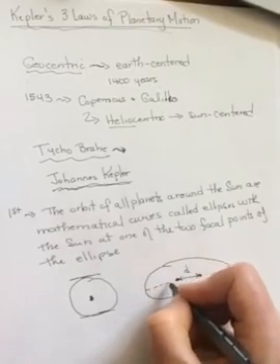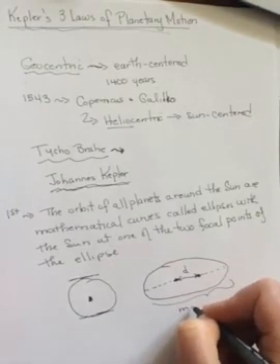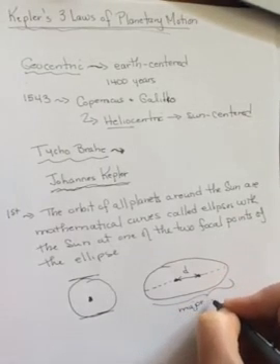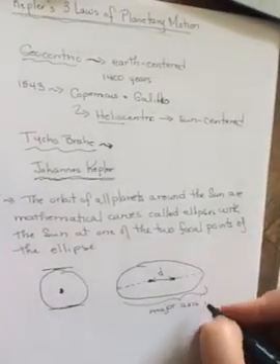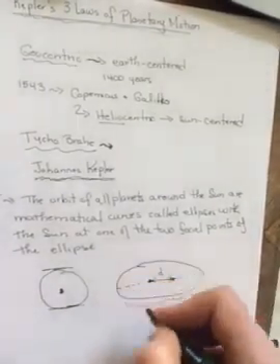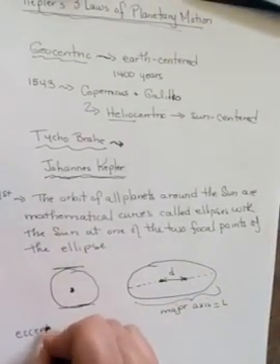And then an ellipse has a major axis, which goes this way. So this is the major axis, which is L. It also has a minor axis, which runs the other way, which they would have told you in math, but we don't care about in physics. And the flatness of the ellipse is known as the eccentricity.